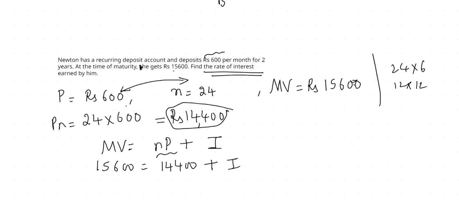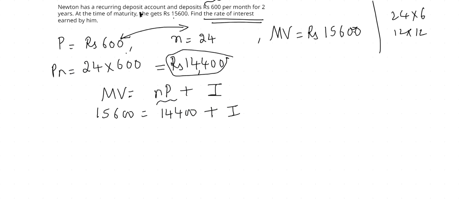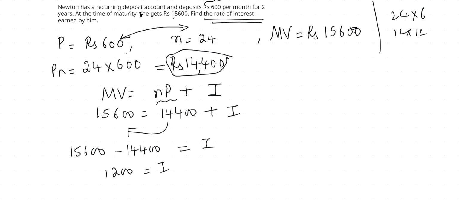Actually, I need to compute the rate of interest. First, let me find the interest. So I'll take this to the other side. 15,600 minus 14,400 is equal to I. So what will it be? 15 minus 14 is 1, 600 minus 1,200... The interest is 1,200 rupees. Now I want to know the rate of interest.